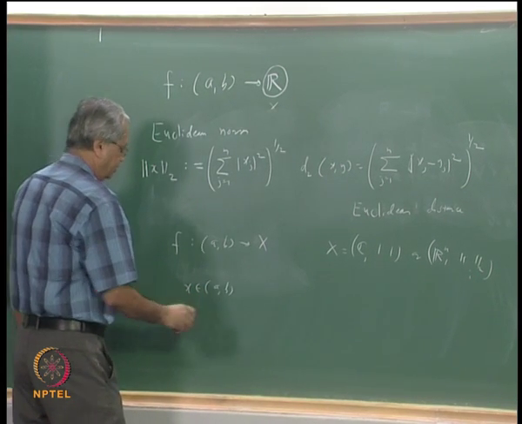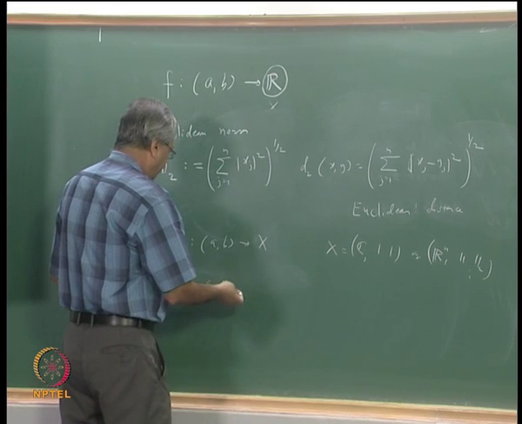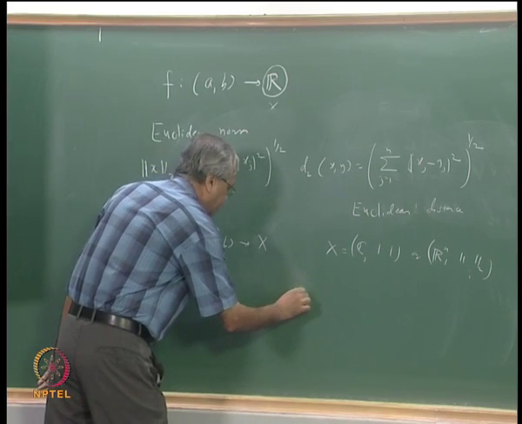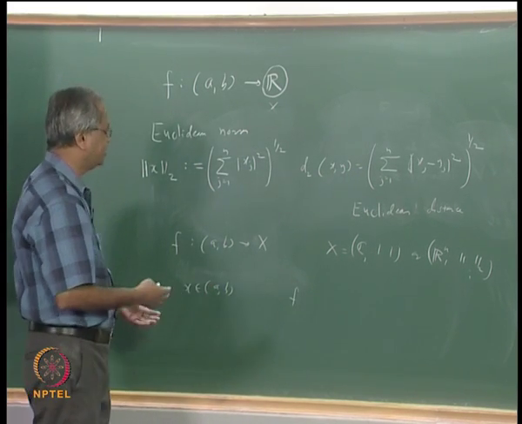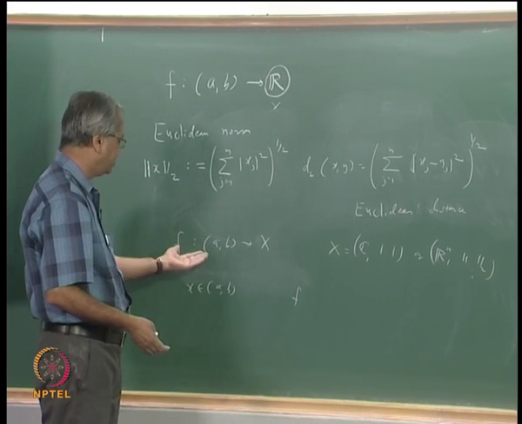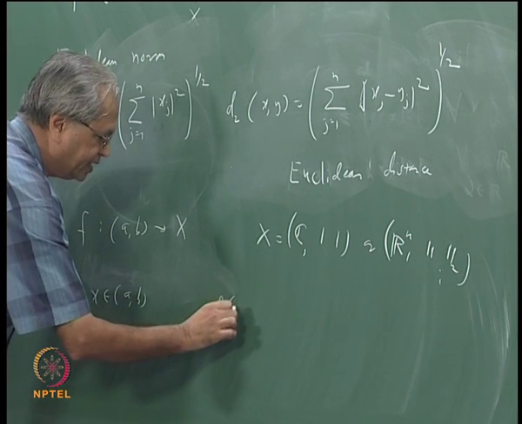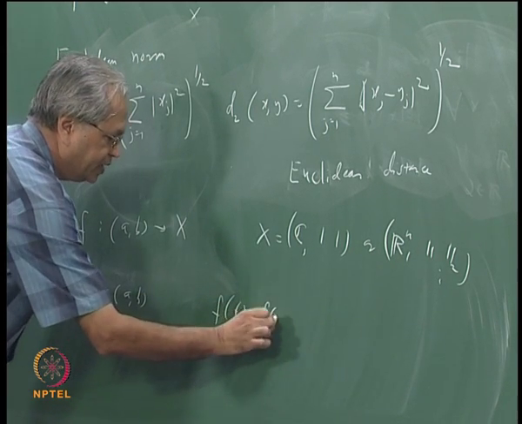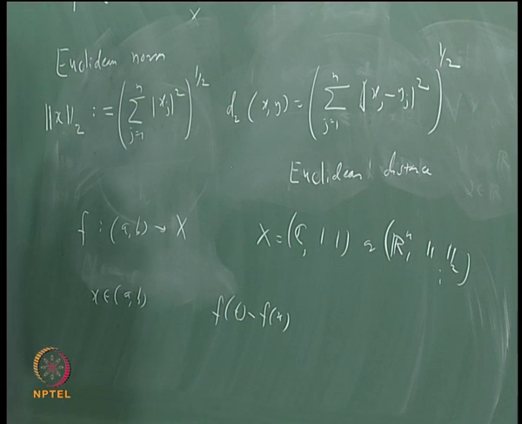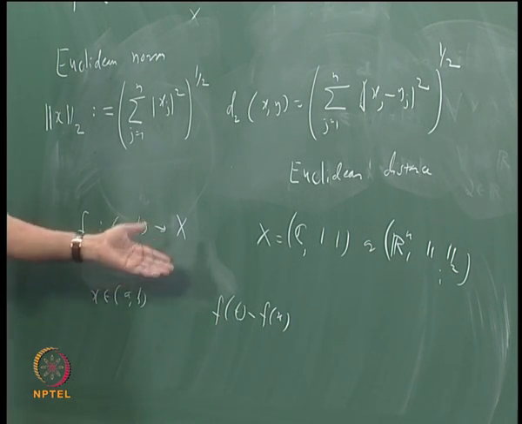Instead of talking about x plus h, let me take any other number t which is also in AB. So I can say f of t minus f of x; you think of this t as x plus h. So saying that h goes to 0 is basically the same as saying t goes to x.